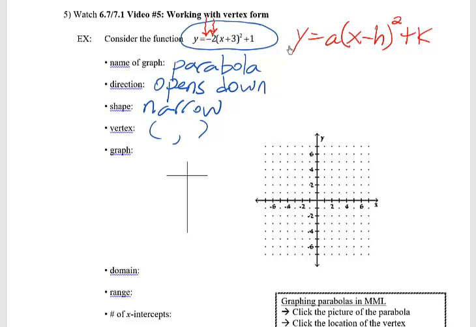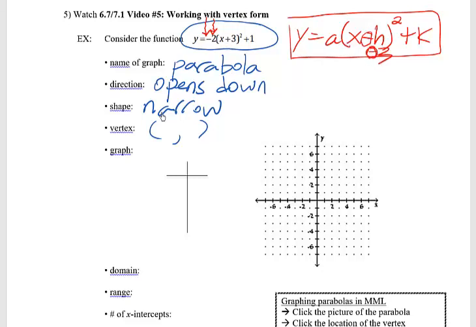Well, when I compare this to the equation that I was given, there's no way that the h could be a 3, because if somebody had erased this h and put a 3, it would say x minus 3. The question is, where did this plus in here come from? Well, the only way that could possibly happen is if somebody came over to this and put in a negative number in place of the h so that this negative and this negative plussed out.